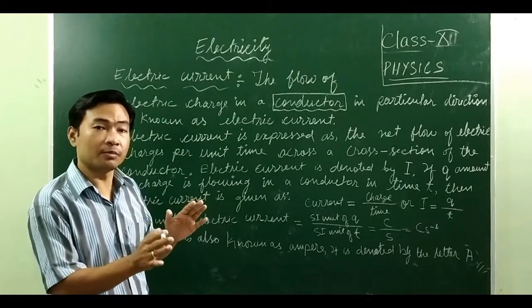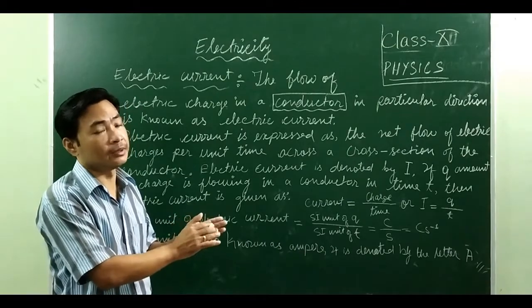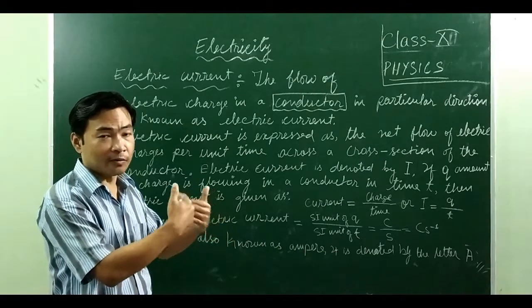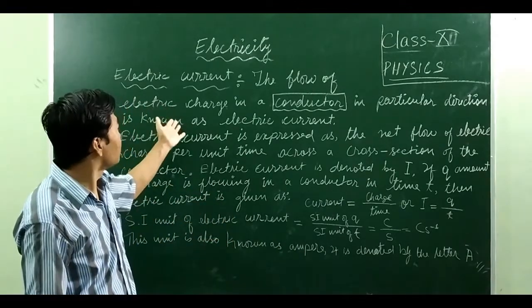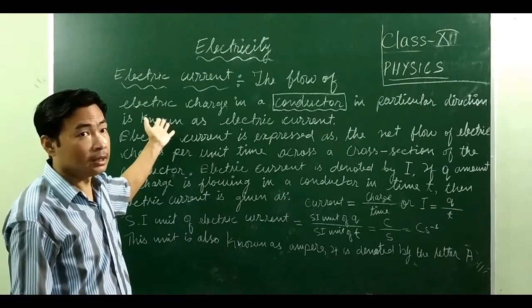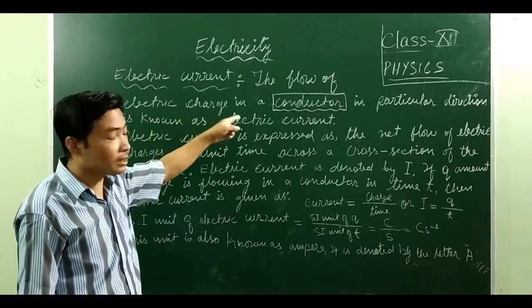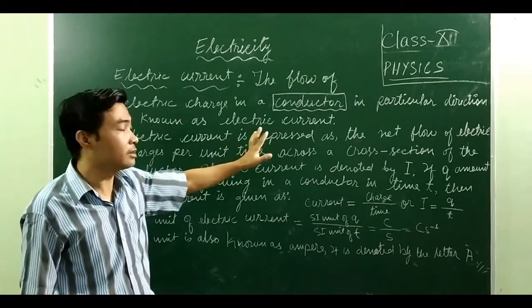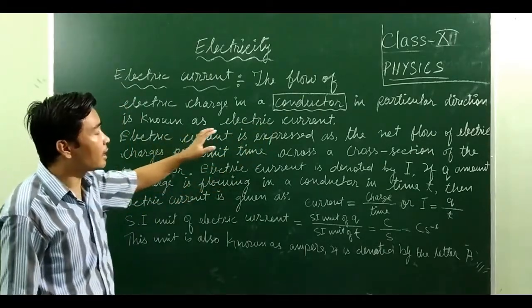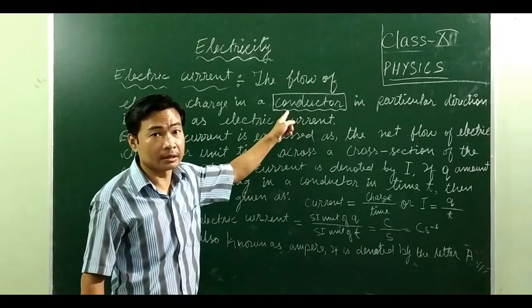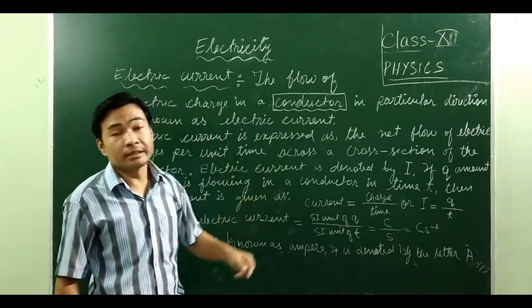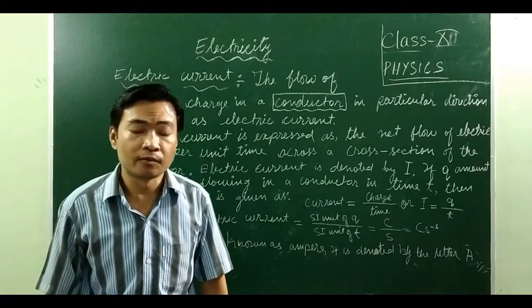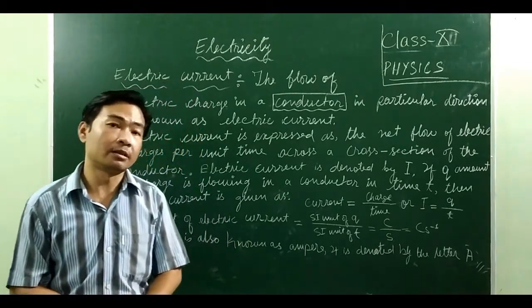Very similar to the flowing of water in a river. I have made a box here for the conductor because electric charge will move or flow in a conductor only.